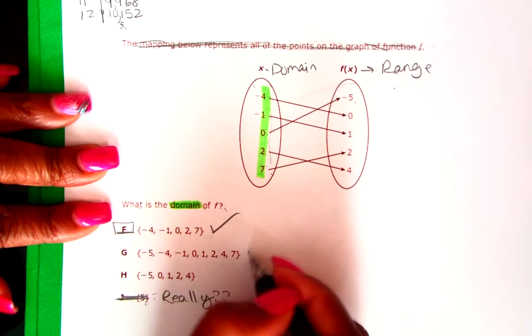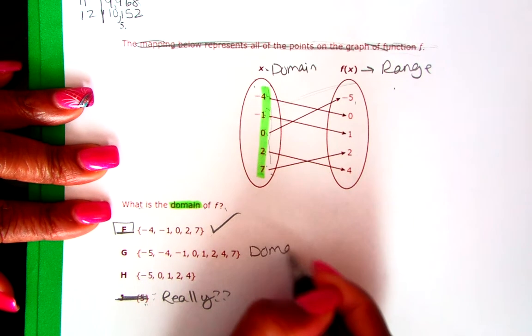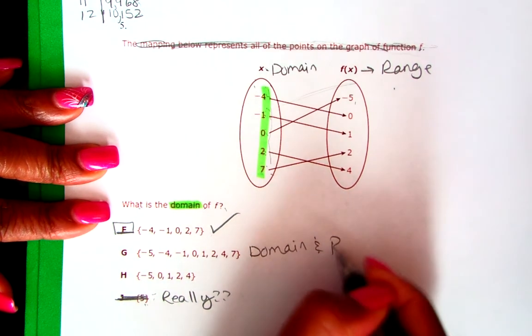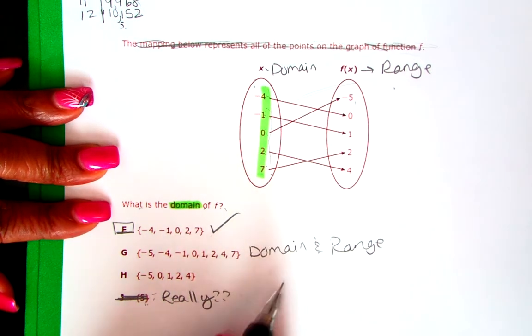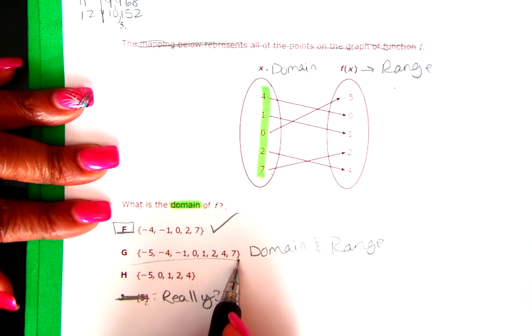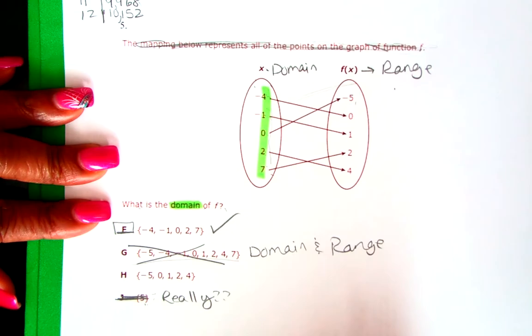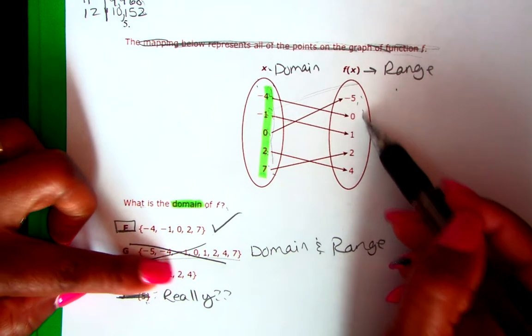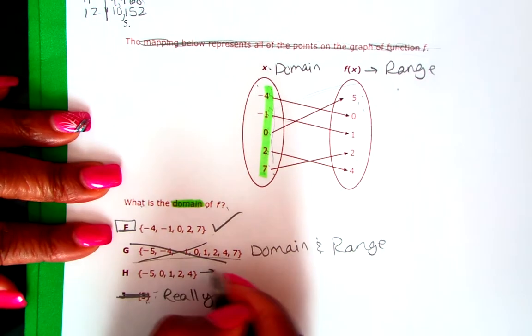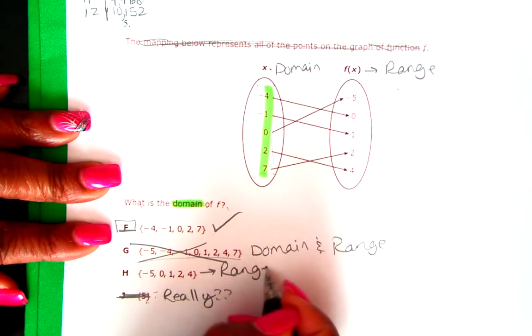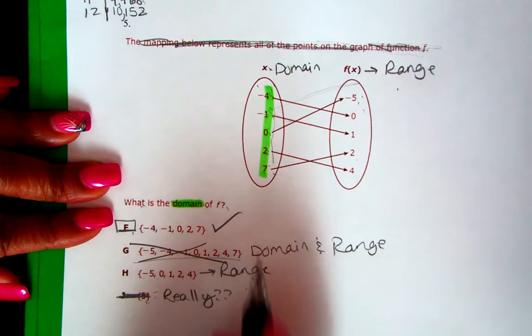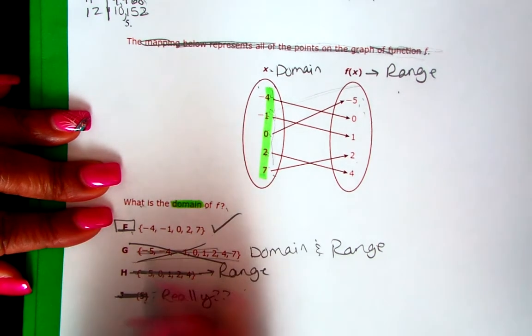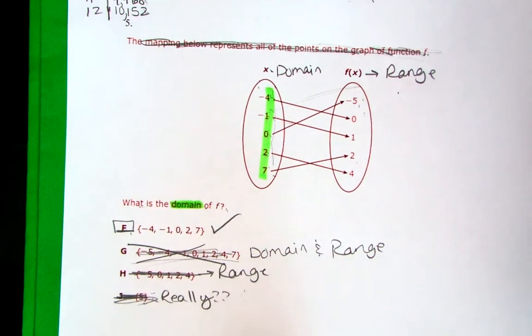Oh my gosh, this is the domain and range. And they didn't ask me for the domain and range, and we wouldn't write it like that anyway. So I know this is no. Okay. Here, -5, 0, 1, 2, 4. This is the range. And they didn't ask me for the range. They asked me for the domain. So all of this other is not my answer. So I know for sure my answer is F.